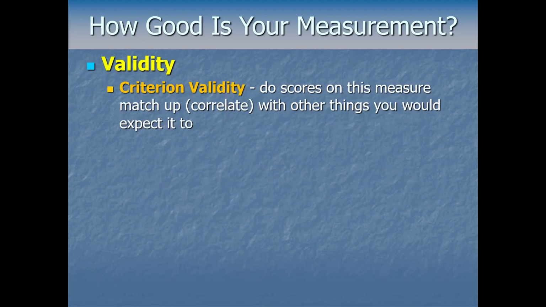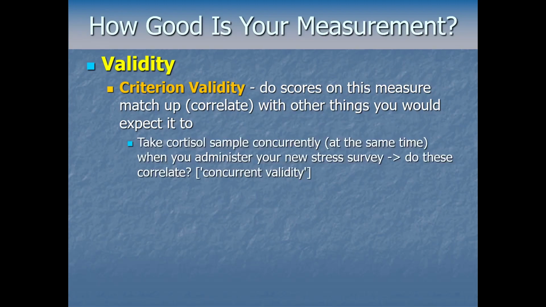Then there's criterion validity, which is asking, do scores on this measure match up, meaning correlate, with other things you would expect it to? Like, imagine you're developing a new scale to measure stress, through some survey questions. If you want to check criterion validity, during your study to test it out, you might also take a cortisol sample concurrently, at the same time.